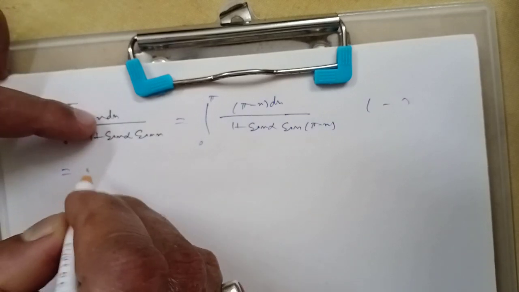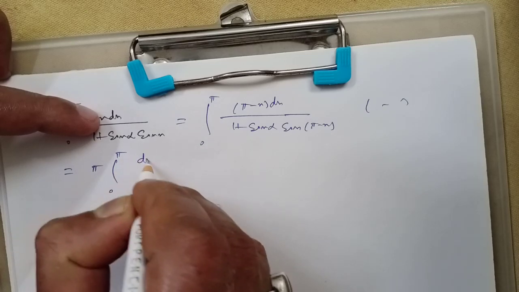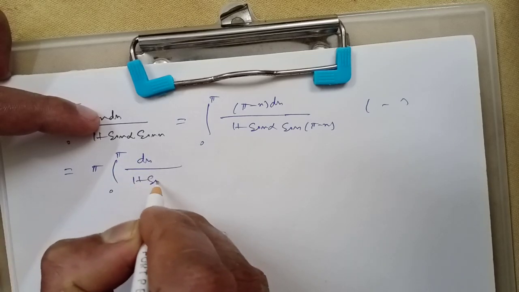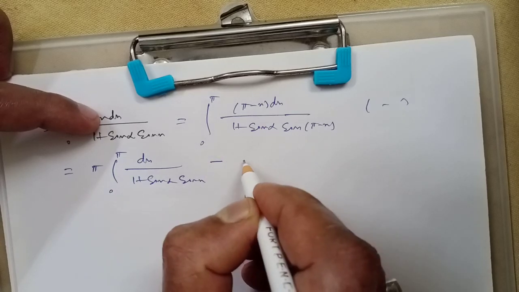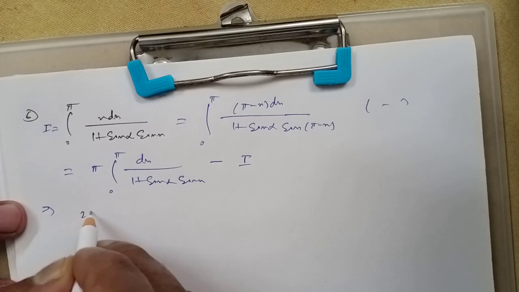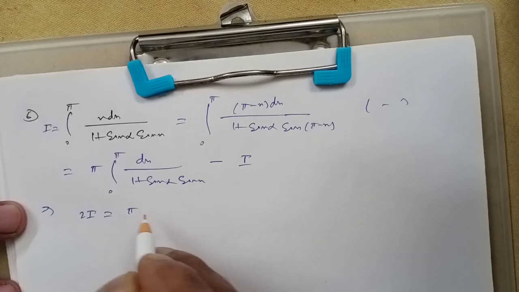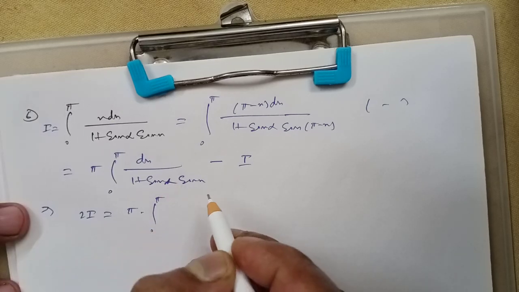Now let us split it. So we get pi into integration 0 to pi dx by 1 plus sin alpha sin x minus, this will be I again. Okay, so we get 2I equals pi into integration 0 to pi dx by 1 plus sin alpha sin x.